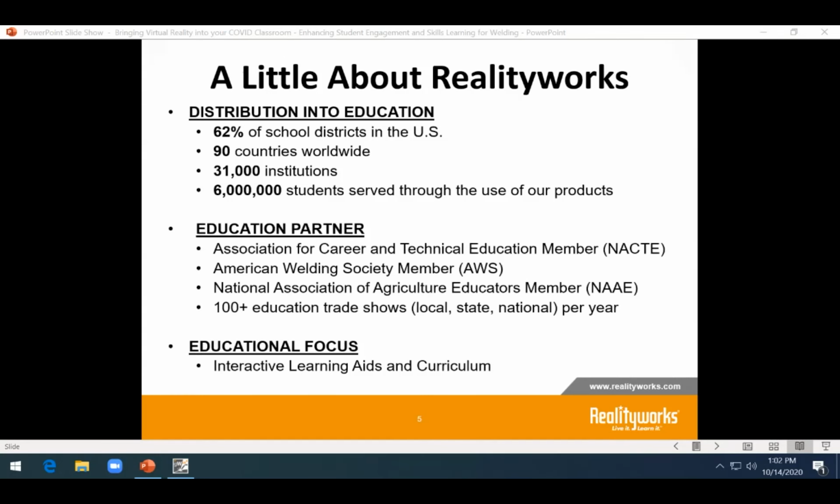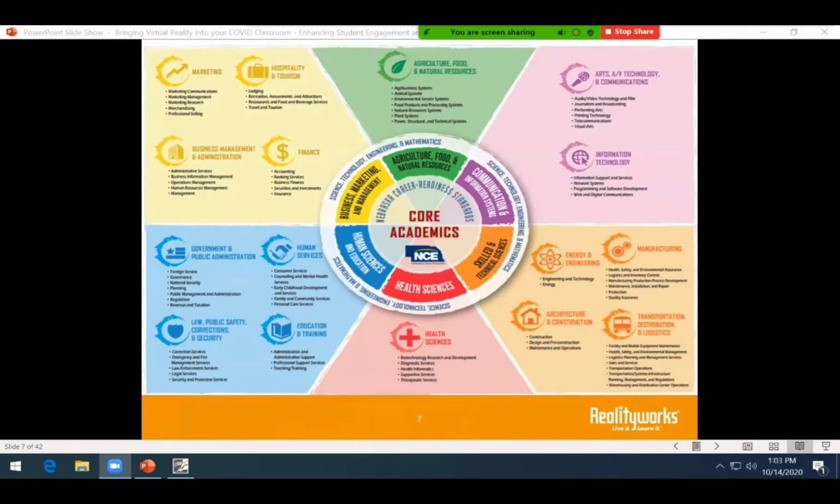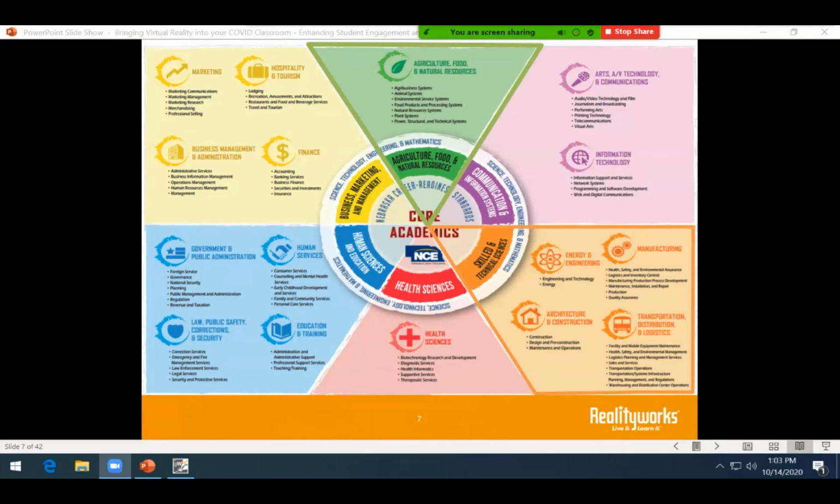Now today, as you can see, there are a lot of different areas where we bring forward different skills and training. We're going to focus on the welding and the trade skill side today, really focusing in two areas that this fits in, both in agriculture and also in skilled and technical sciences.